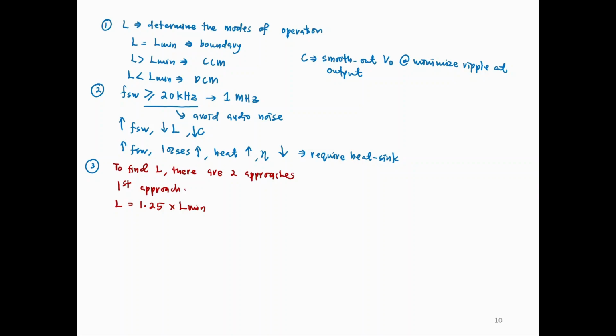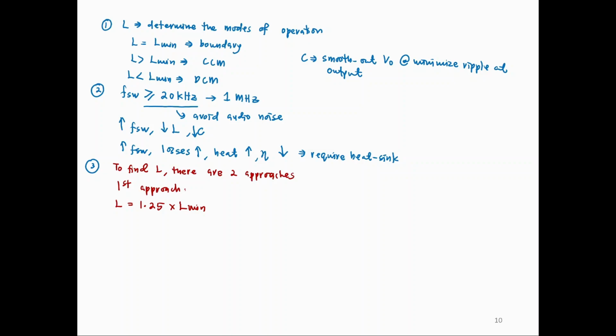Okay. Then for second approach, we are using delta IL equation. Your delta IL is said to be at least 40% of your average inductor current. So you need to find your IL.